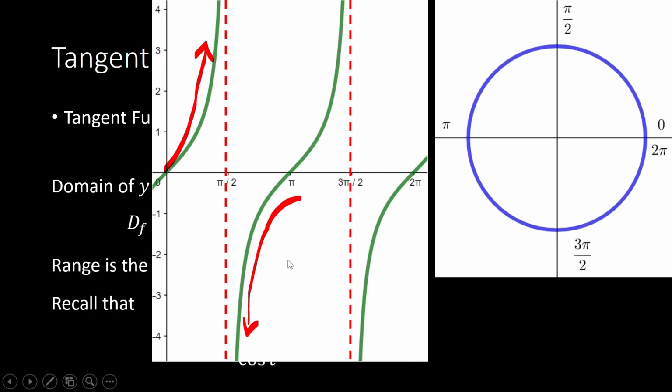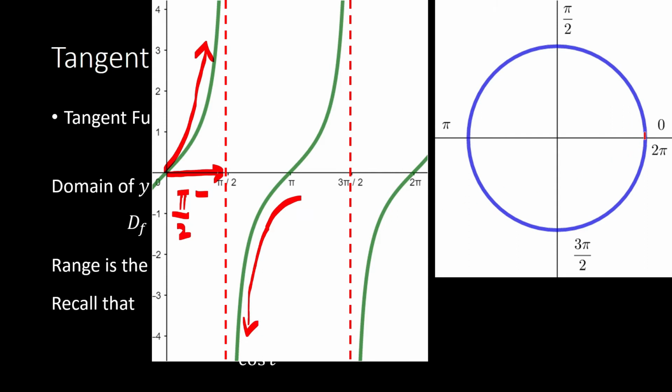Now why is it that when t approaches pi over 2 from the left, tangent of t goes to infinity? Why not to negative infinity? We are approaching pi over 2 from the left, so that means t is less than pi over 2. So again, you have to go back to your unit circle.